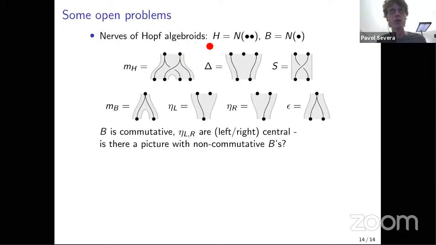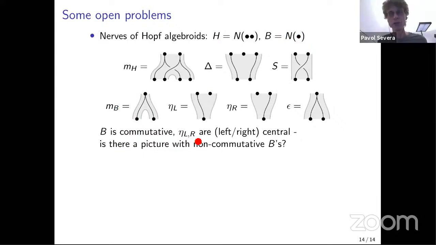Everything here was about Hopf algebras. If you try to do something with Hopf algebroids, so if you try to talk about other things that have nerves, like groupoids, then we can try to do it, and it works very well, but it turns out that the algebra of functions on the base, which is now not a single point, is always commutative.